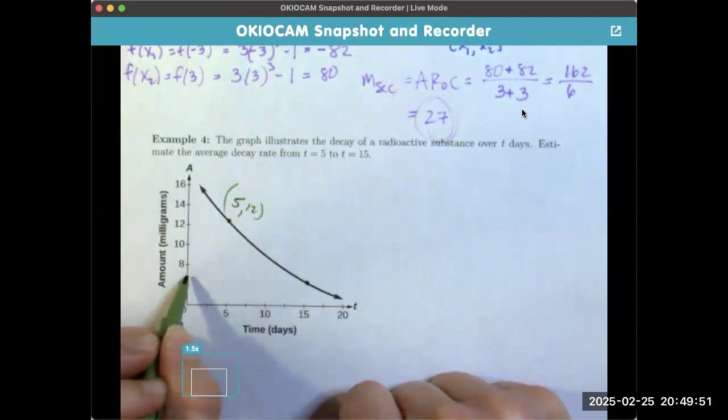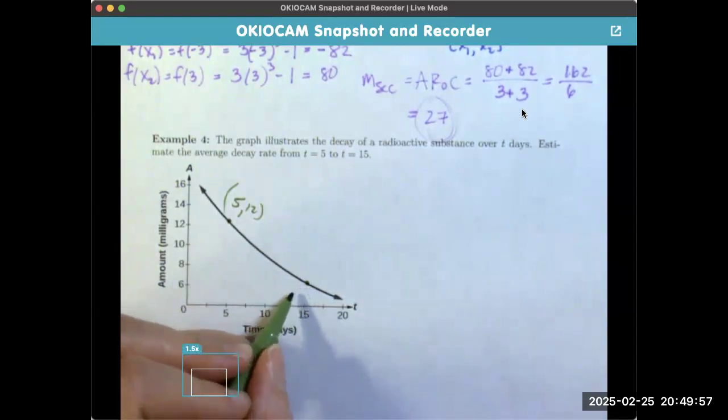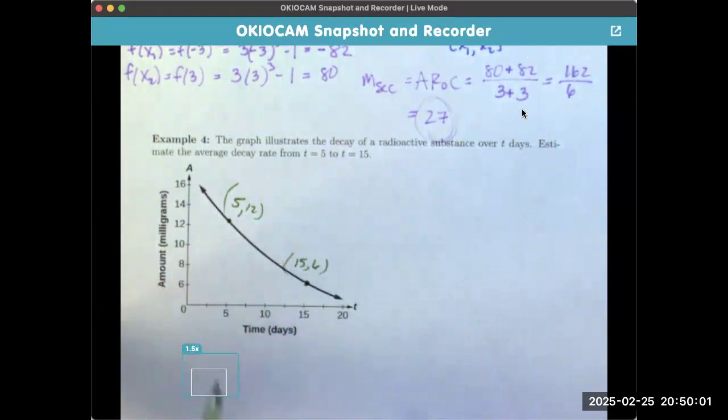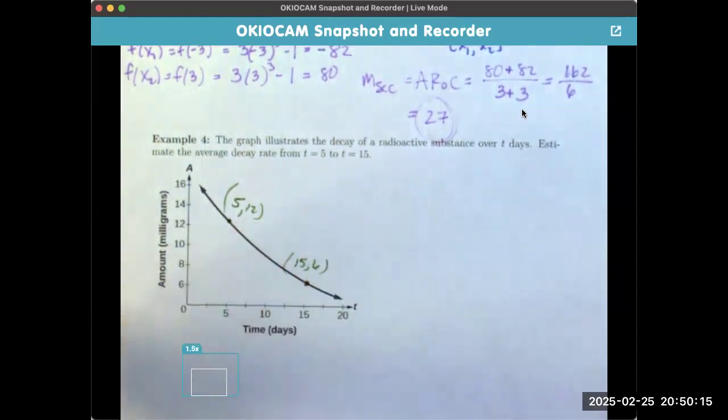It's not quite 7, but I wouldn't say it's not quite 6 either. For sake of argument, we're just going to call it 15 comma 6 to make our lives easier. I hope y'all are okay with that. If you got a little more like 6.5, that's fine. We're just estimating. We're just practicing.